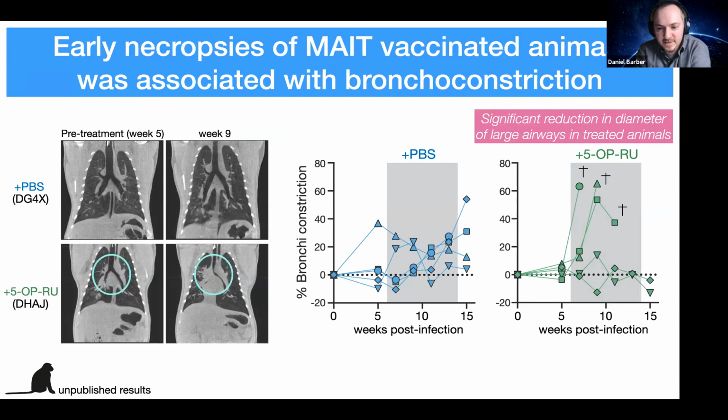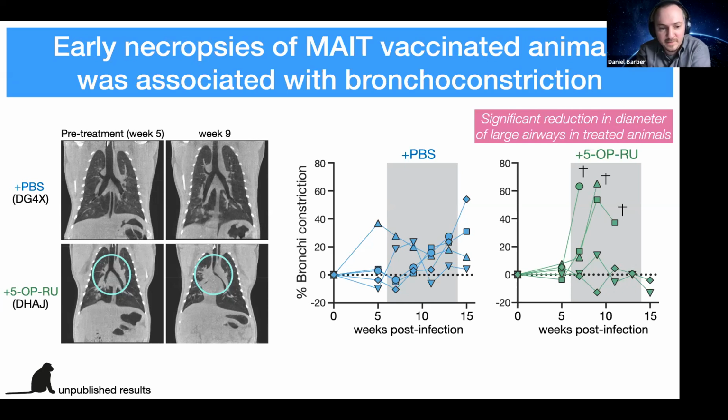You can see in the green lines on the right as we tried to actually quantify the percent constriction from baseline. The bacterial loads in the lymph nodes were not different, nor was the PET-CT signal. So quite frankly, we're not sure if this was bad luck or if this was an effect of the 5-OPRU, because macaques are well known to be prone to lymphadenopathy, fatal lymphadenopathy.